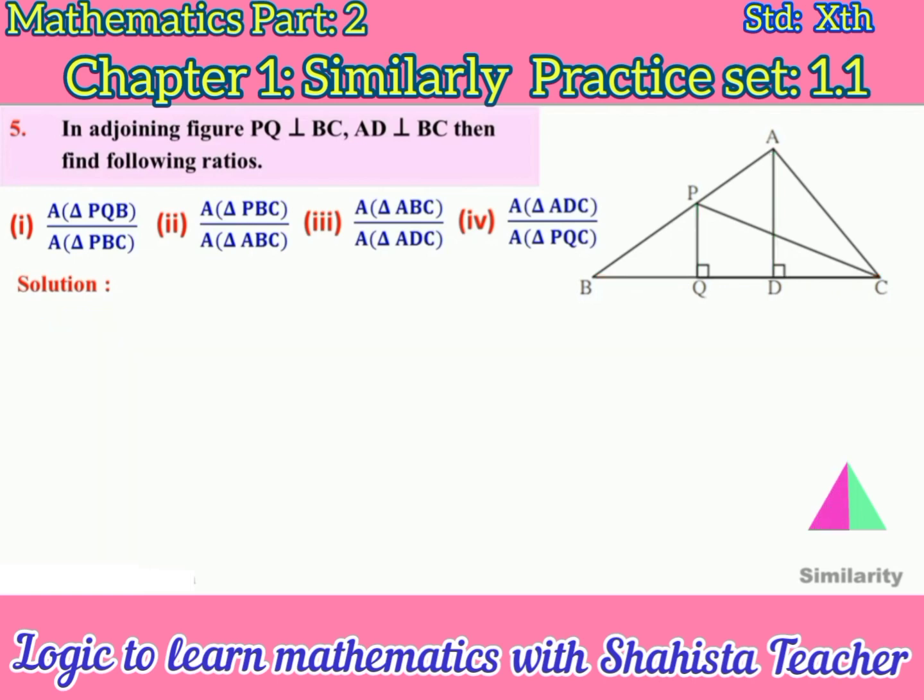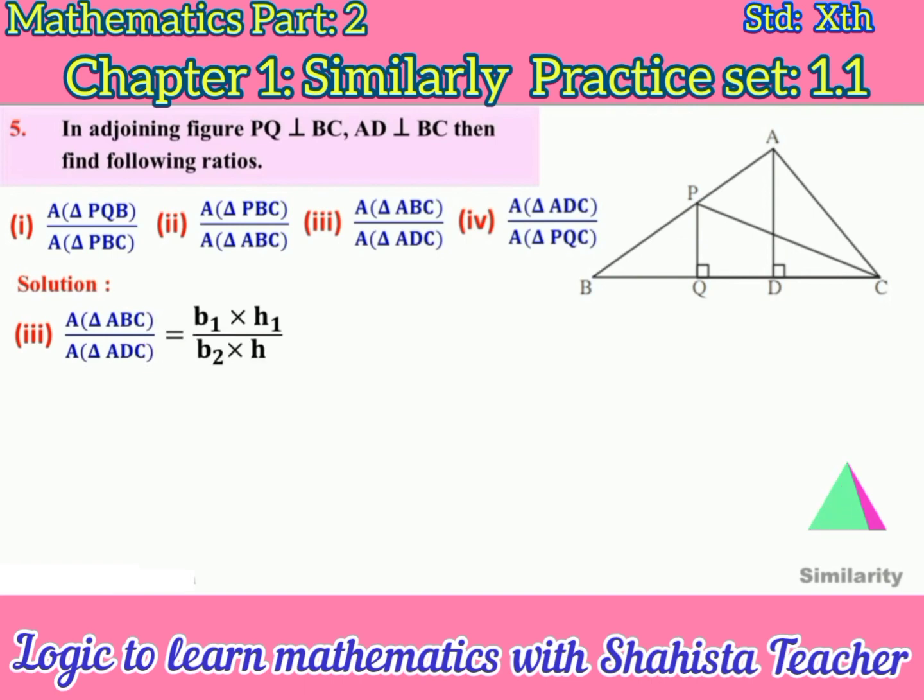Now let's solve another one, the third one. Area of triangle ABC upon area of triangle ADC is equal to base 1 multiplied by height 1 upon base 2 multiplied by height 2.